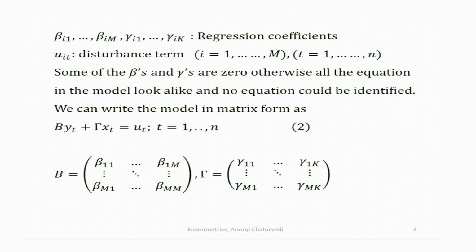And then we define capital gamma as gamma 1 1, gamma 1 2, ... gamma 1 k, and so on, gamma m 1, gamma m 2, ... gamma m k. Obviously, capital B is of order m cross m and gamma is of order m cross capital K.